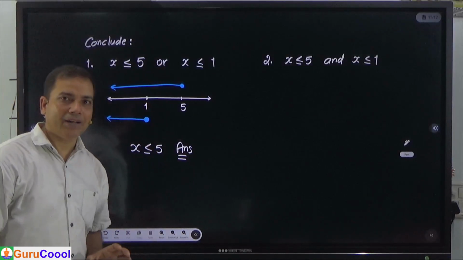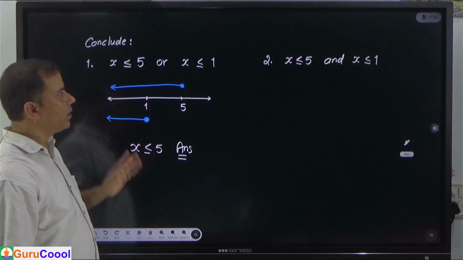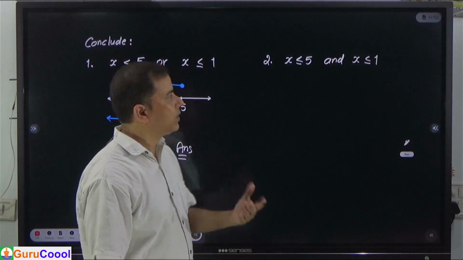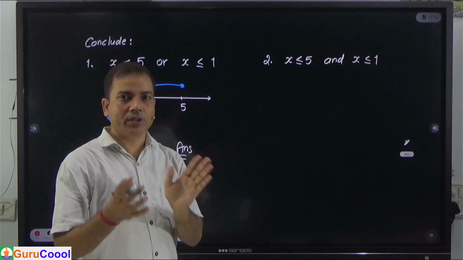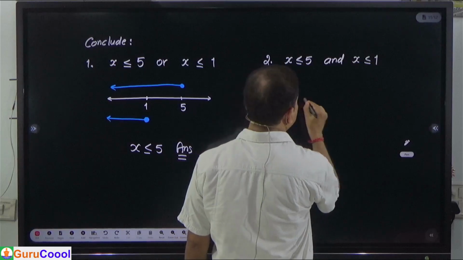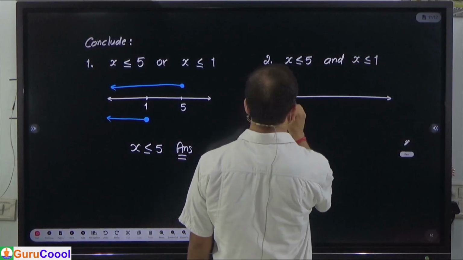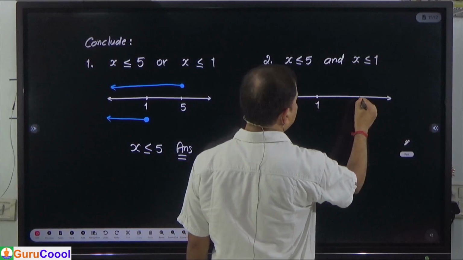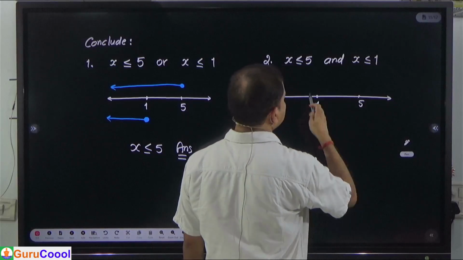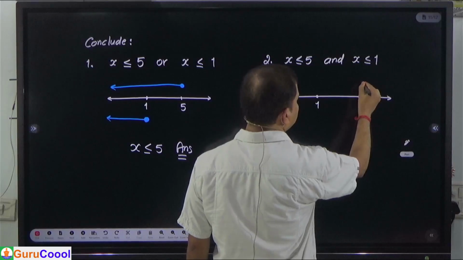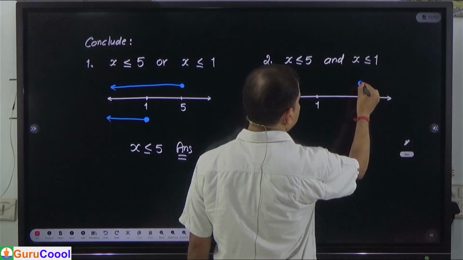Or means we have to consider all the options. And means we don't have to consider all of them. We have to consider only the common region. So this time again I'm taking 1 here, 5 here. x is lesser than or equal to 5, equal to 5, so closed circle.